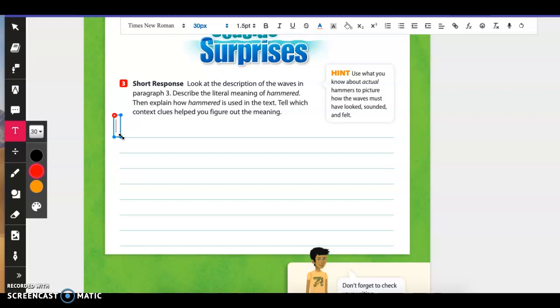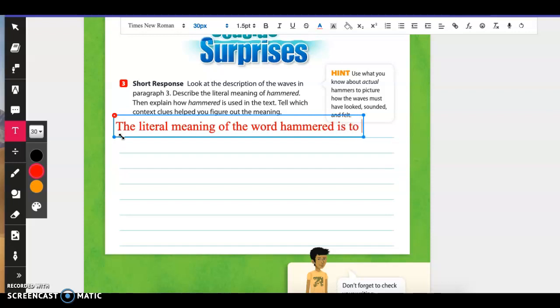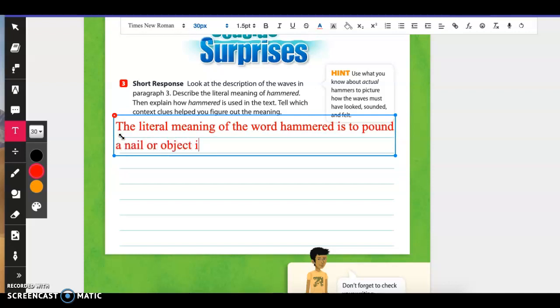So I would say the literal meaning of the word hammered is to pound a nail or object into something else.